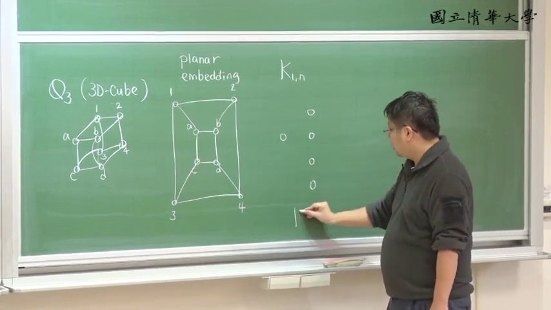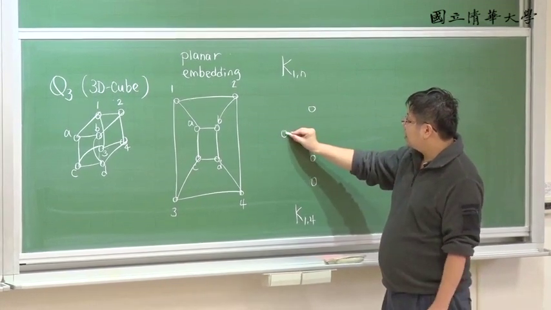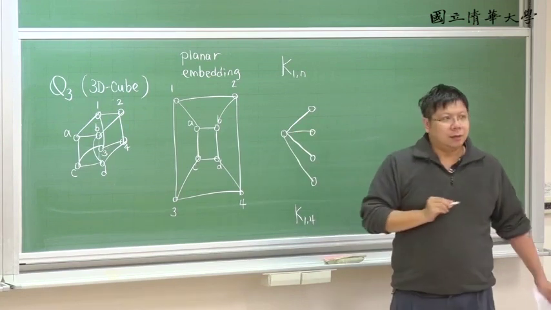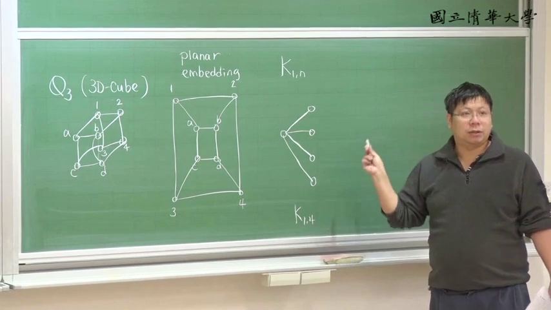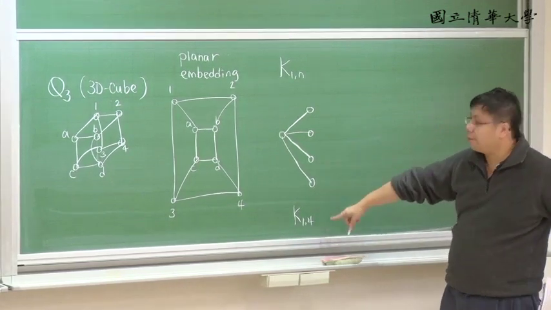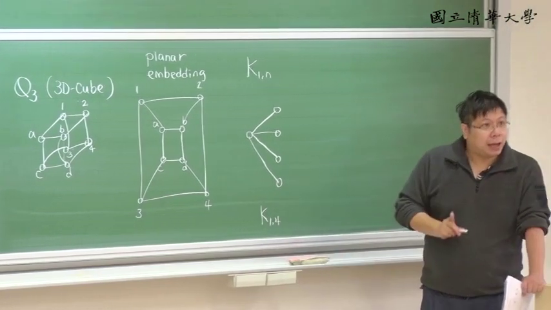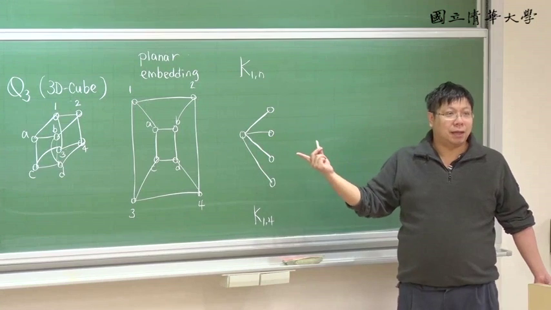So this is a K14 that I'm going to draw, so that we join an edge between every pair of vertices, one on the left and one on the right. Is that okay? It is very easy to see that K1n must be planar. You draw it like this, and then it is a planar graph.